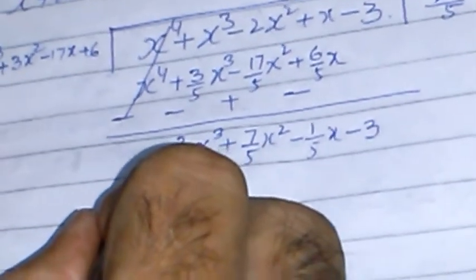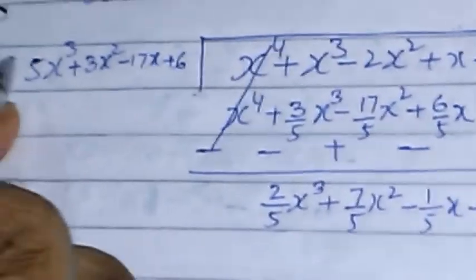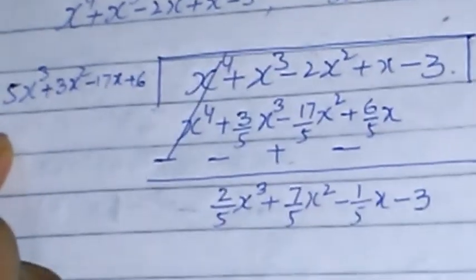Now this is 5 and this is 2 over 5. We need here 2 over 5. So we multiply this with 2 and divide by 25.